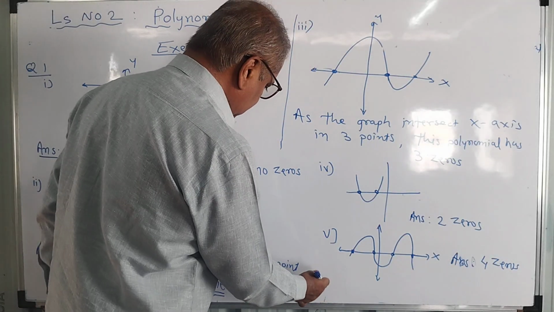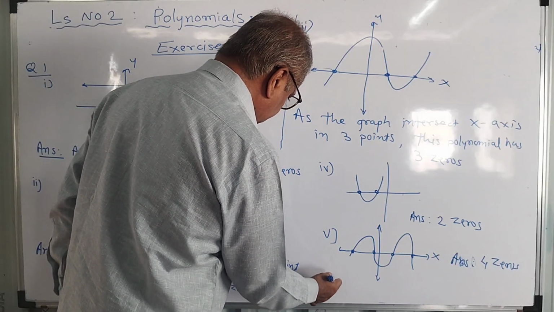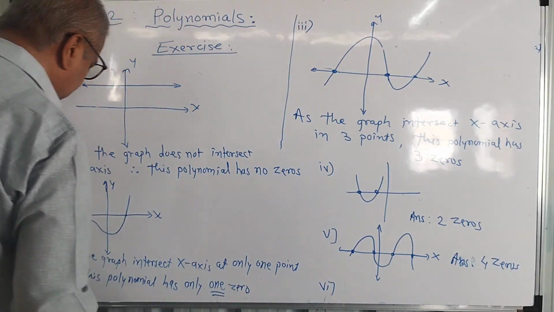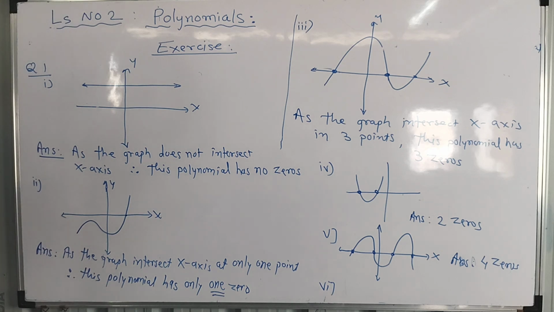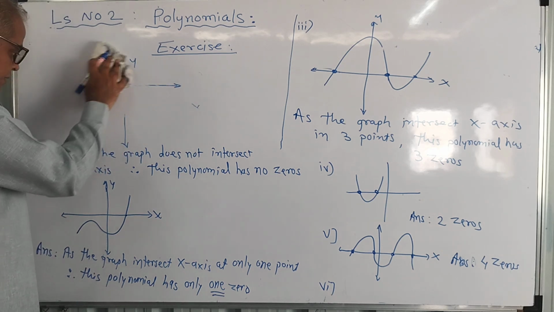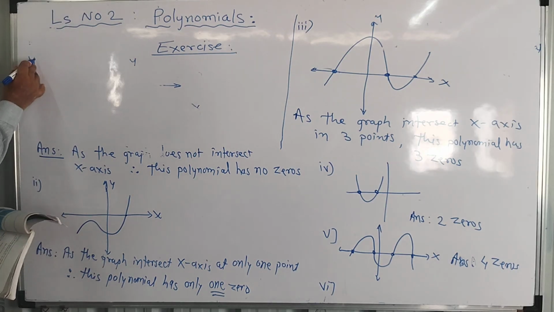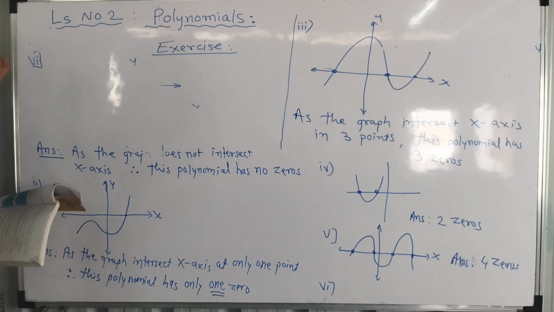And the last sub question is here. It is the sixth question. The graph is like this.